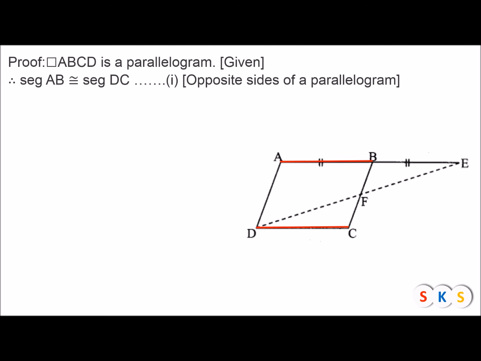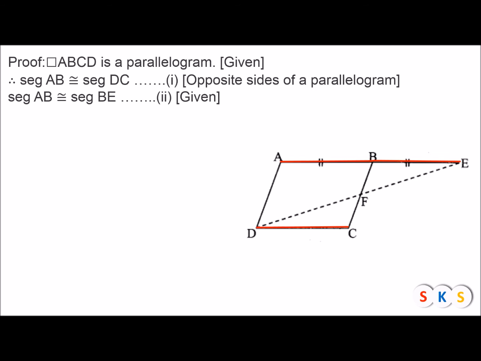Now you can see in this figure side AB and side BE are also congruent to each other. Just look at this figure. Side AB and side BE are also equal to each other. So we will note down that seg AB is congruent to seg BE, and that would be equation number 2. Now let's compare equation 1 and 2.